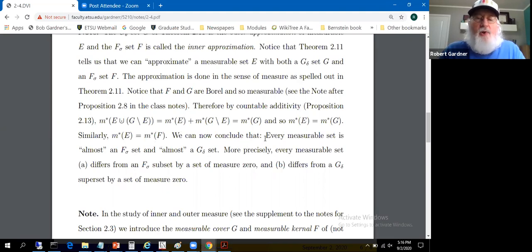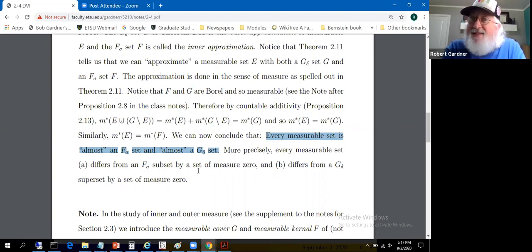We can conclude, the words here sound informal, but they're actually chosen with great care. We're going to define almost before this measure theory is over with. We'll define what almost means. So the following highlighted statement is our conclusion from all of this. Every measurable set is almost an F sigma set and almost a G delta set.